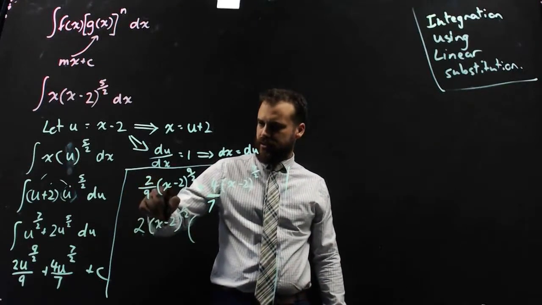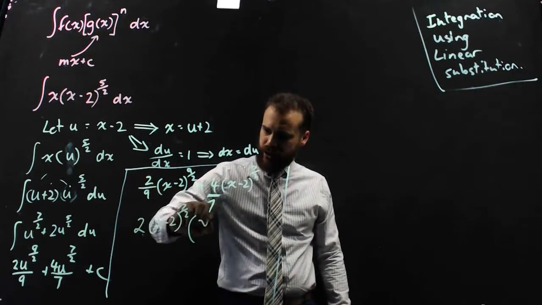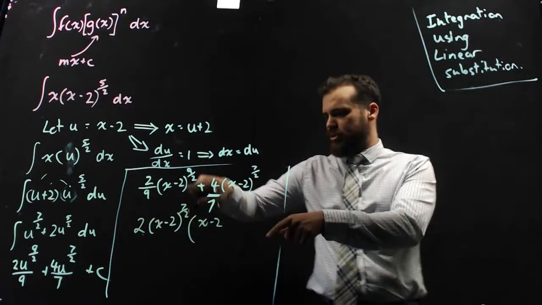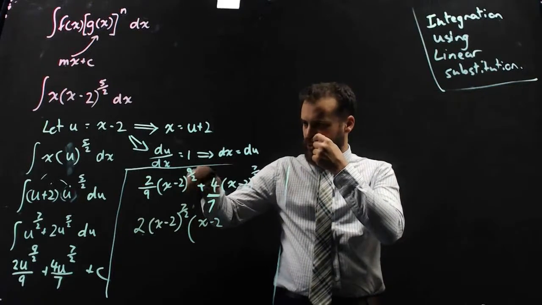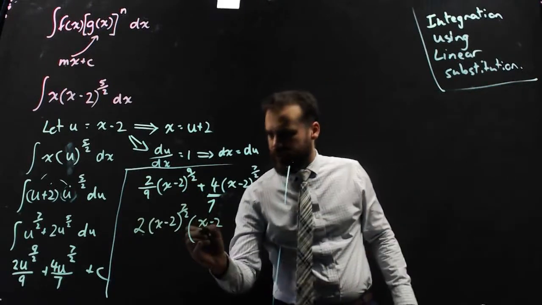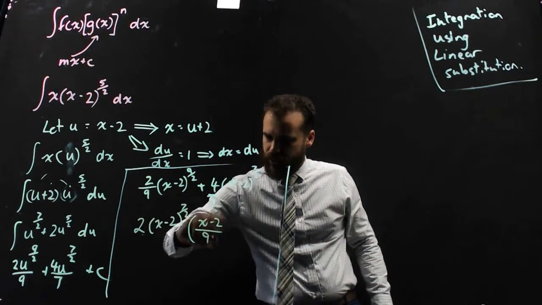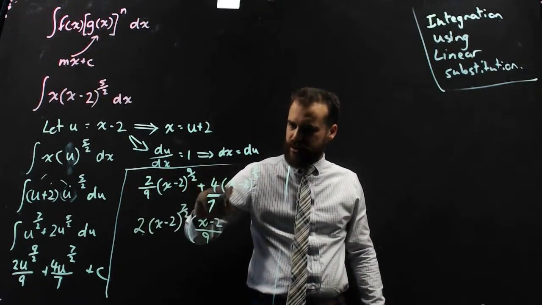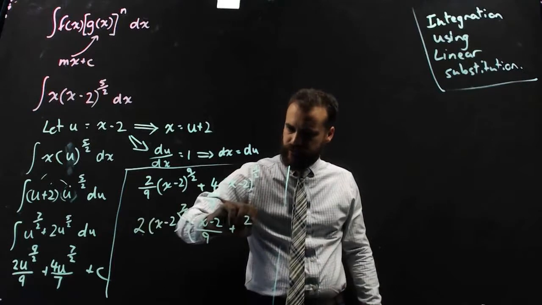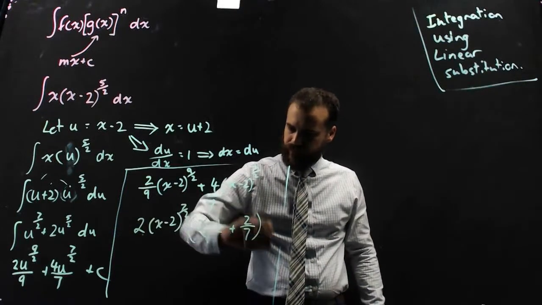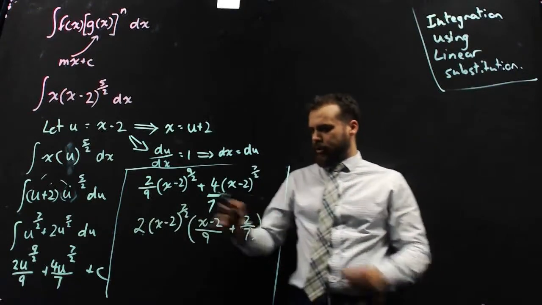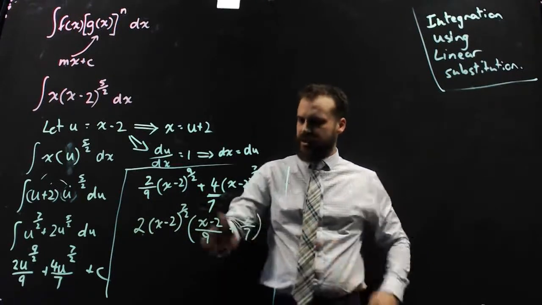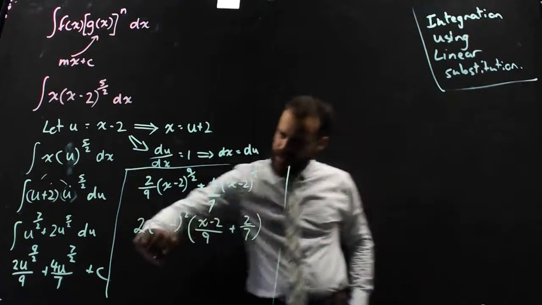And what we're left with is x minus 2, just to the power of 1, because 7 over 2 plus 1 makes 9 over 2. So x minus 2 over 9, and then this is just going to be 2 over 7. So it's 2 times x minus 2 to the 7 over 2, times x minus 2 over 9 plus 2 over 7. I can group these now.